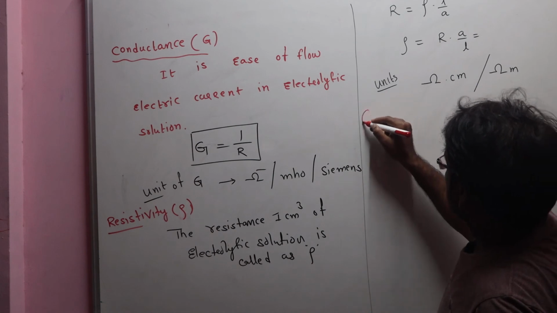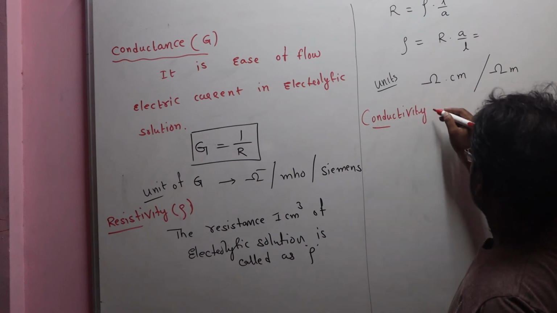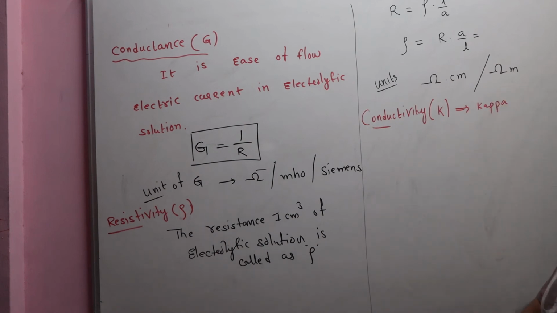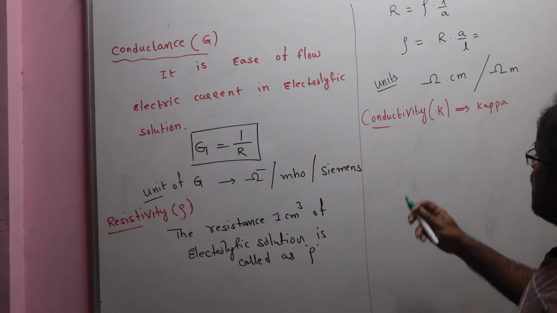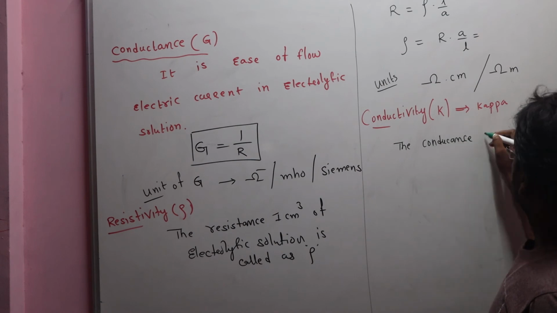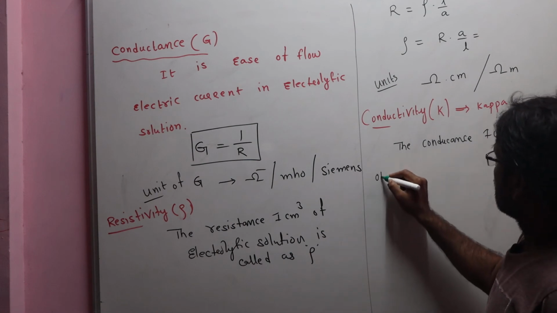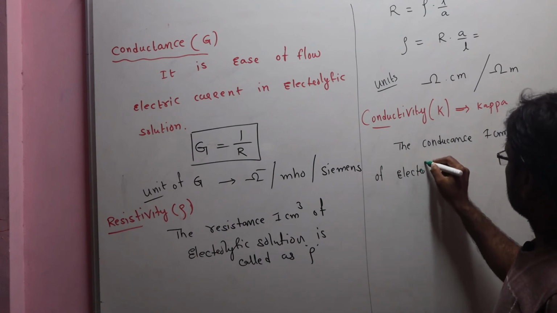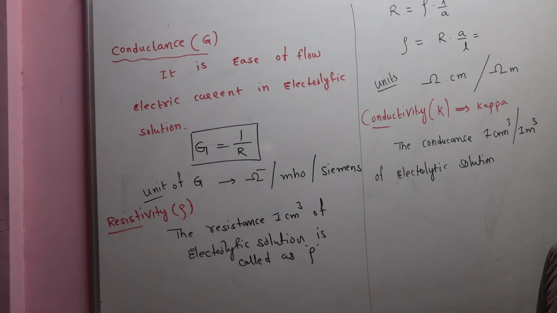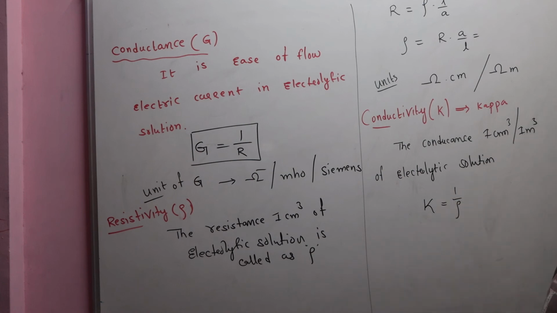Next one, conductivity. K is nothing but kappa. What is the definition of conductivity K? The conductance of either 1 centimeter cube or 1 meter cube of electrolytic solution is known as conductivity K. Conductivity K is the reciprocal of resistivity.